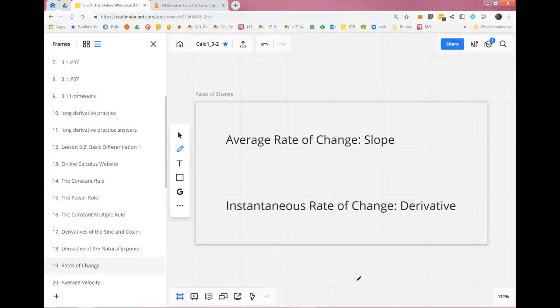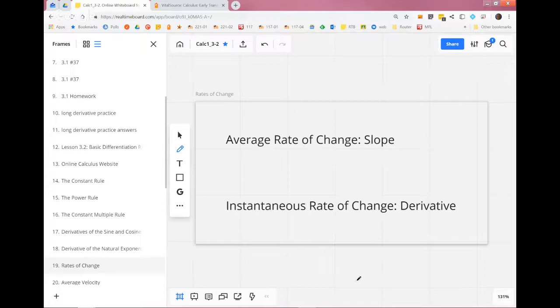So what's important for you to realize is there are two types of rate of change. One is called average rate of change, and that is nothing more than slope. That's all. What we're doing with the derivative is finding instantaneous rate of change.